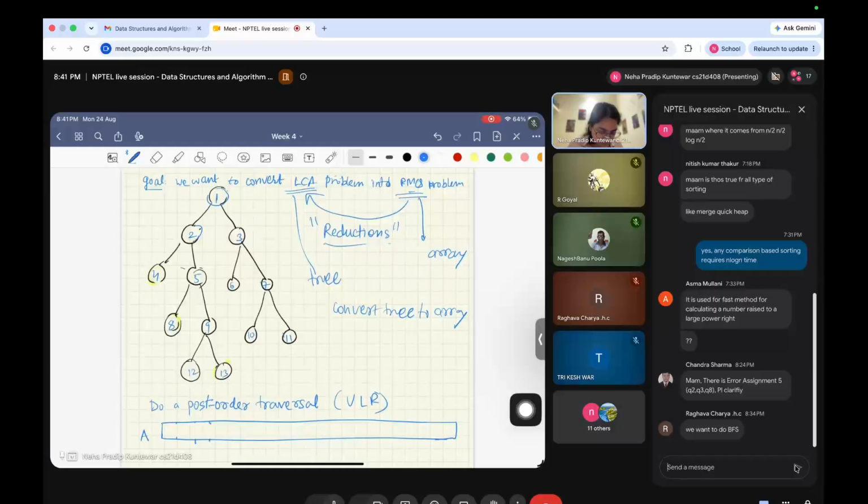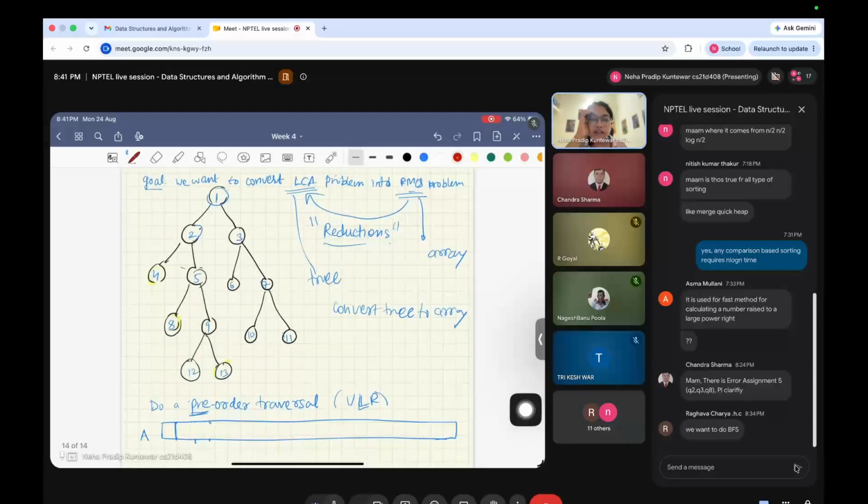Post order is left, right, root. Pre-order is root, left, right. So I meant a pre-order. Okay, so let us do this, visit, left, right, the pre-order traversal.